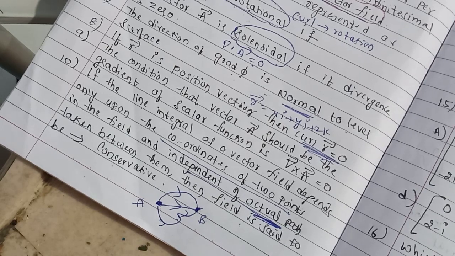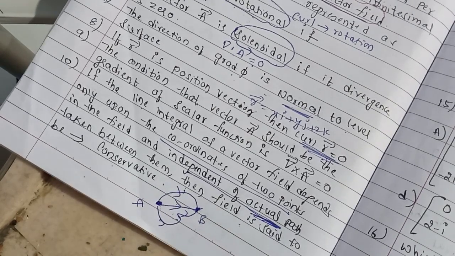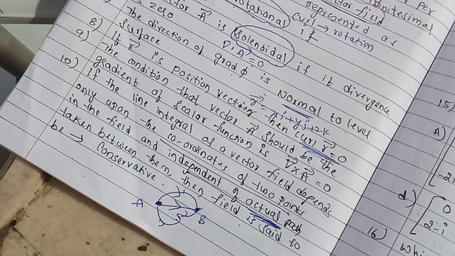Here your intention is to start from home and go to the market. Which path you are going by is not important. Just whether you are reaching the market or not, that is important. And from the market whether you are coming back home again or not, that is important. So here the line integral along the vector field depends only on the initial and final points, but doesn't depend upon the actual path. So then we say the field is conservative in nature.